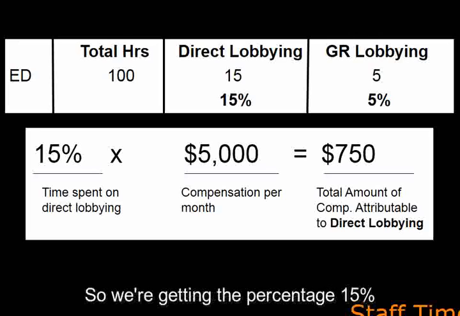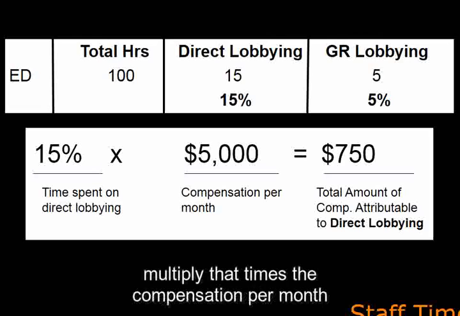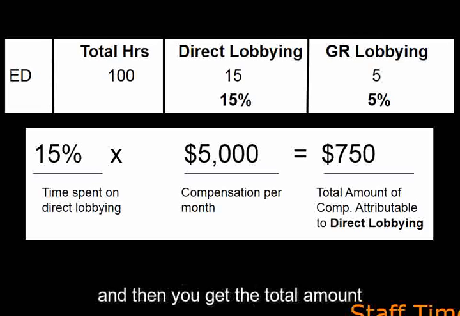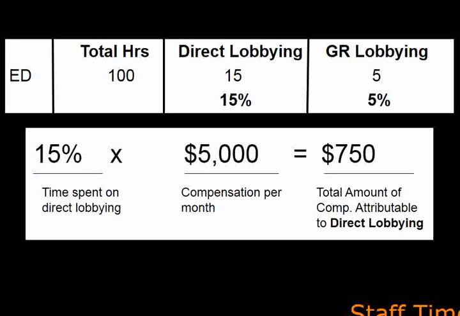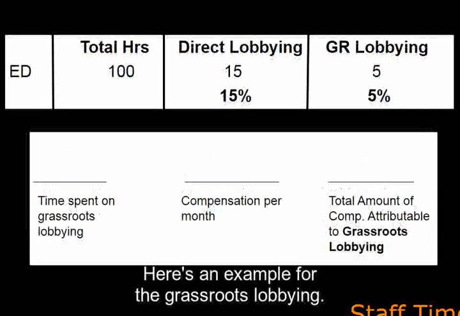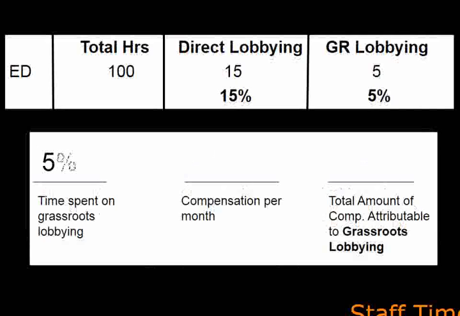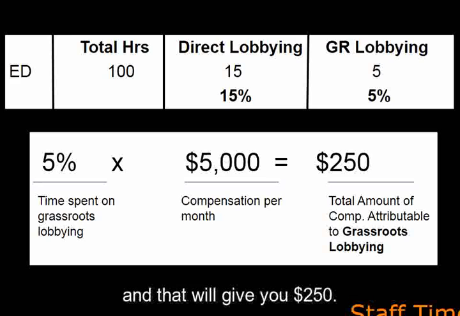So we get the percentage, 15% was spent on direct lobbying, multiply that times the compensation per month, and you get the total amount attributable to direct lobbying. And here's an example for the grassroots lobbying: 5% times $5,000, the compensation per month, will give you $250.